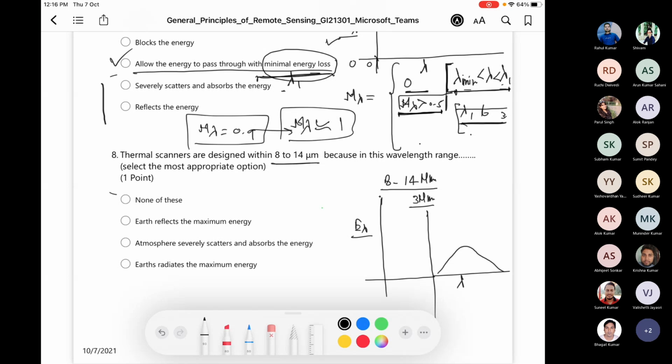After 3 micrometer, the Earth starts radiating energy.